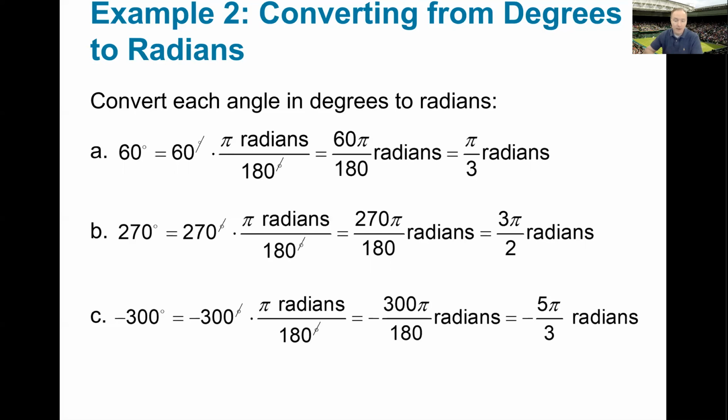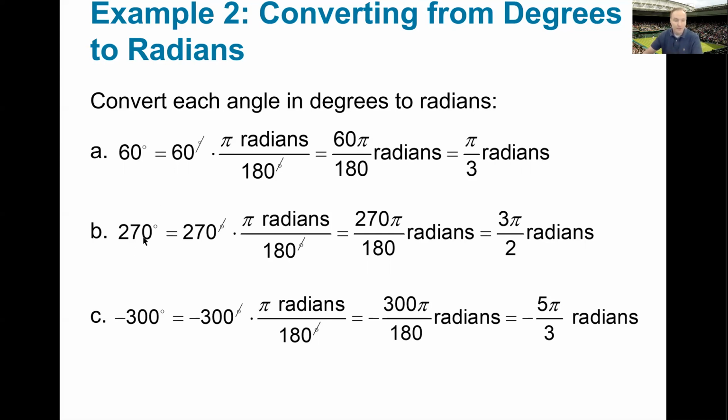So please keep in mind, you can always write radians, but if you don't write anything, it's assumed to be in radians. Now, that's kind of convenient if your answer is supposed to be in radians, but what if you're putting an answer that's supposed to be in degrees and you don't put anything after it? Then it's wrong, because the reader is supposed to assume it's in radians. So degrees, you have to put the degree sign after it. Radians, you can if you want, but you don't have to.